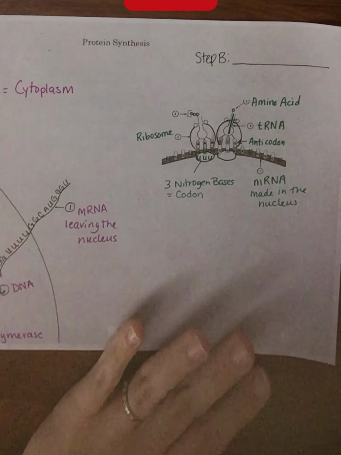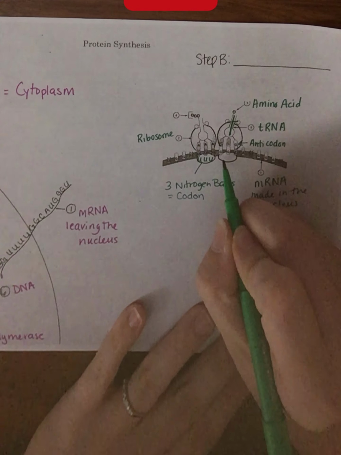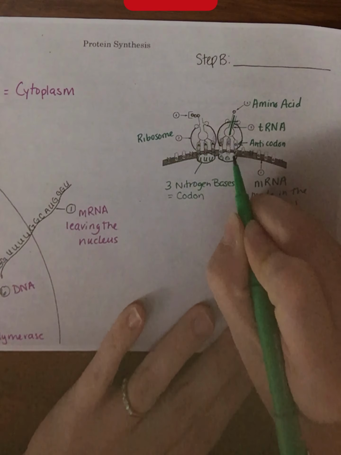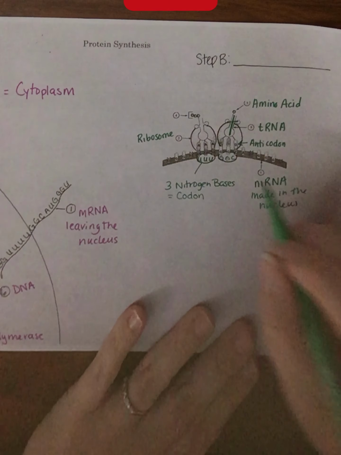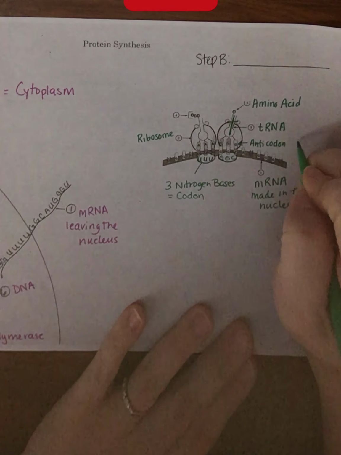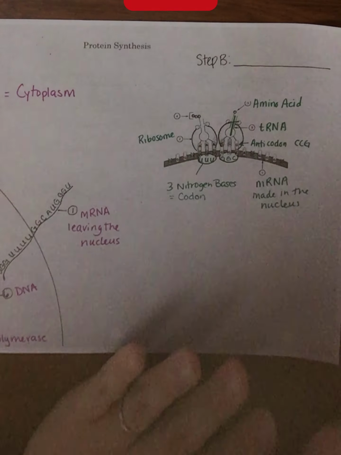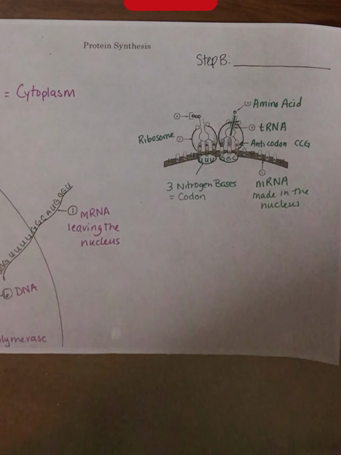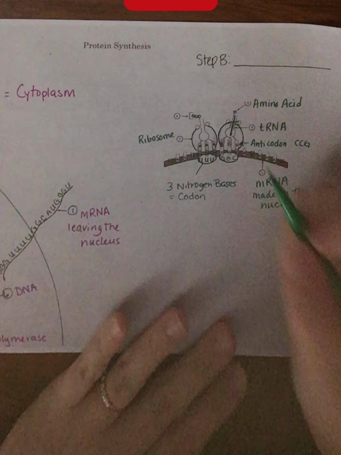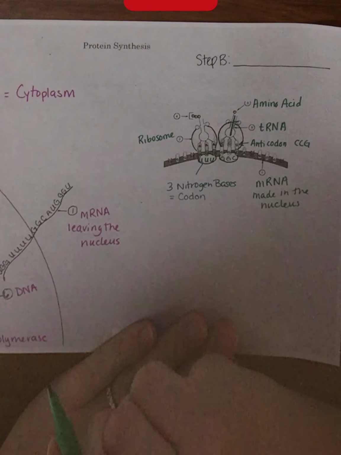If my codon right here is GGC, then the anticodon to GGC would be CCG. They're opposite of one another, so they can attract. Now, once the tRNA is in the correct codon-anticodon pairing, it will be able to leave behind its amino acid.